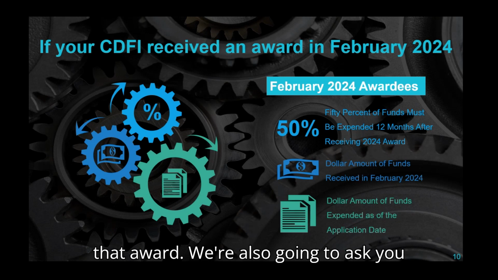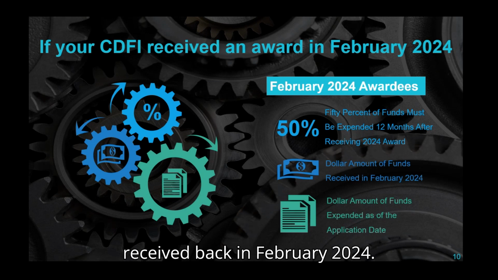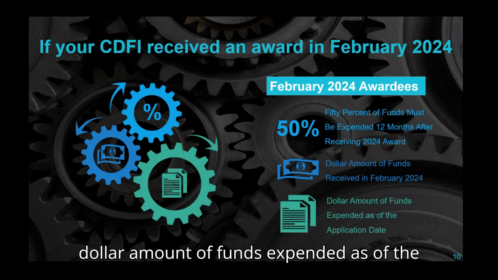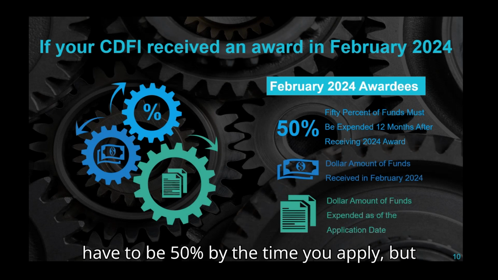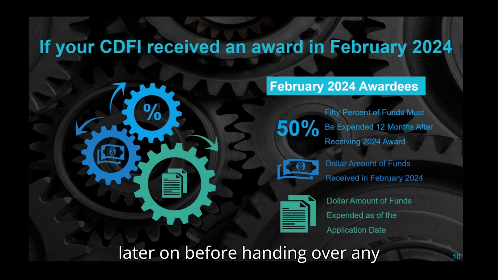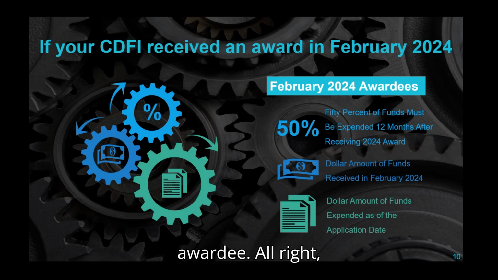We're also going to ask you for the dollar amount of funds you received back in February 2024. We're also going to ask you for the dollar amount of funds expended as of the application date. Doesn't have to be 50% by the time you apply, but we are going to verify this information later on before handing over any 2025 awards if you were a previous awardee.